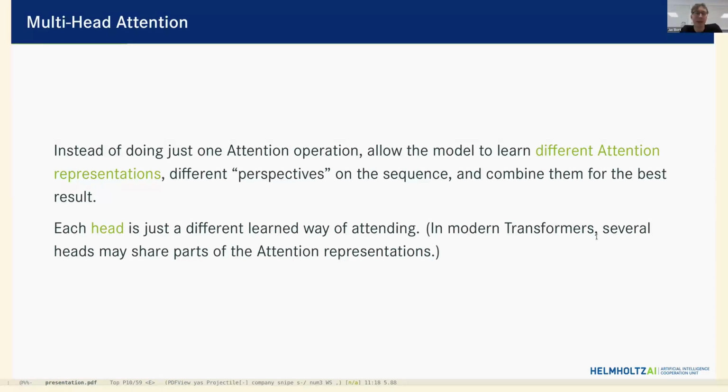Going back to the example with the dog catches its ball, maybe one representation of attention could learn that when you see a ball, you should pay attention to catch. So we allow our model to learn these different viewpoints on the sentence, and that's what we call different heads of the model.